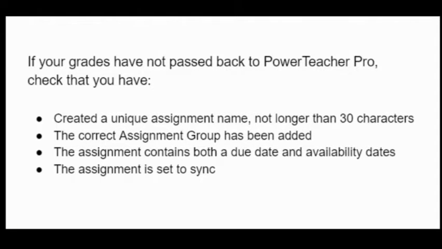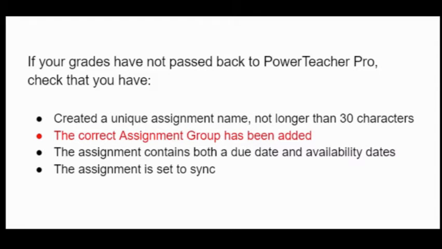The assignment contains both a due date and availability dates, and that the assignment is set to sync. During last year and the first semester, one of these items has been the main cause of grades not passing back. The most common being that the correct assignment group was not added.